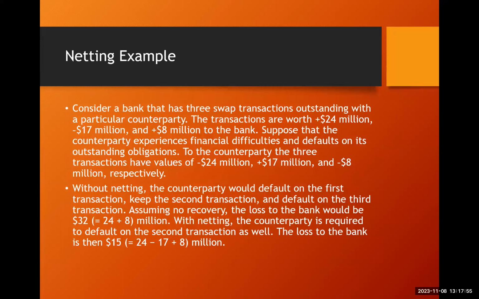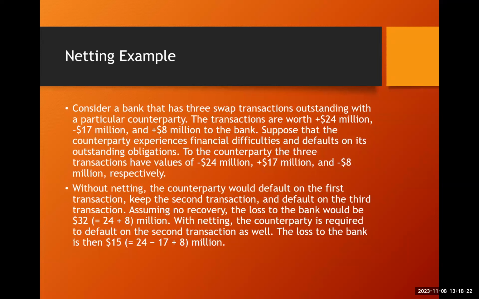Without netting, you could just default on the trades that are less beneficial to you. With the netting requirement, the bank would have to give up the $17 million that they are owed in one of their transactions.